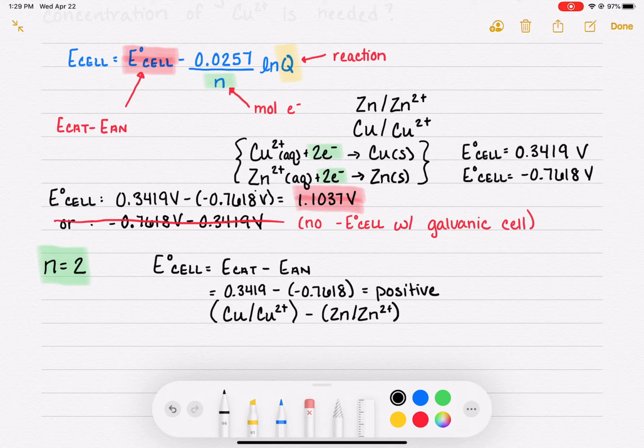Now, if you're feeling like, whoa, I just took a huge leap there, we know that E cell is cathode minus anode, so the cathode has to be the 0.34, which is copper. And the anode has to be the negative 0.76, which is with the zinc reaction. So that's where these assumptions are coming from.